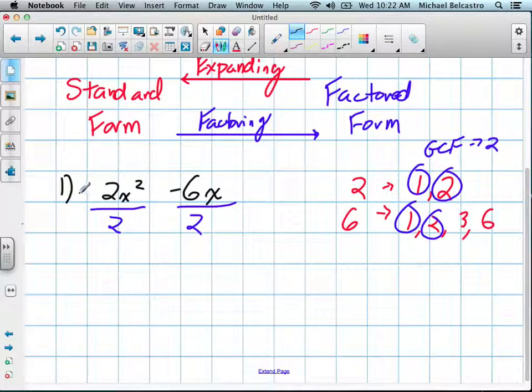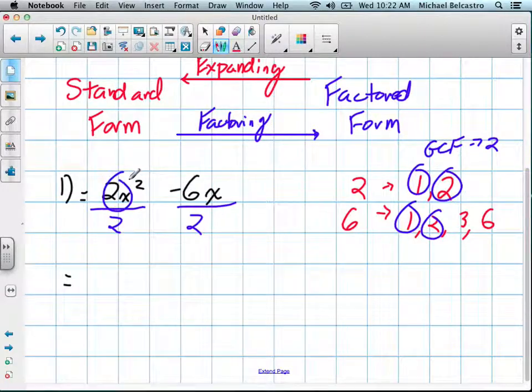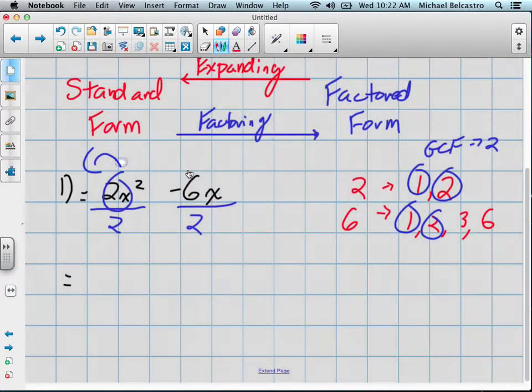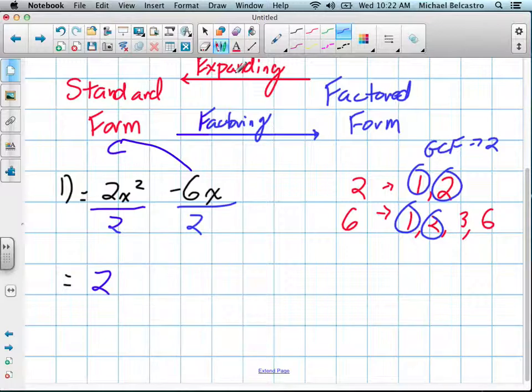But that 2 doesn't disappear. Think of it as if we're taking the value of 2 out of both of these terms. So that 2 now starts our equation and we have brackets.